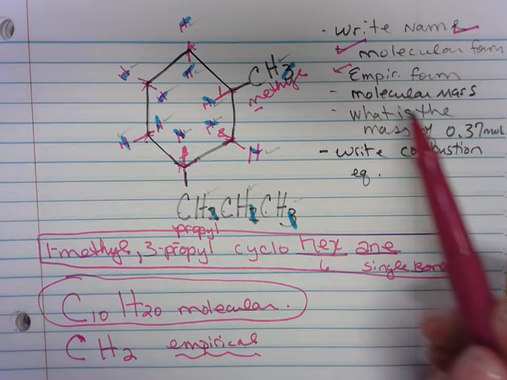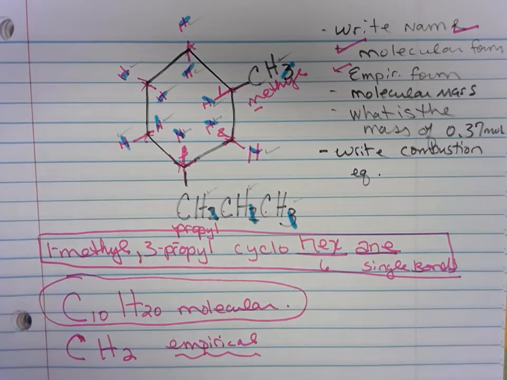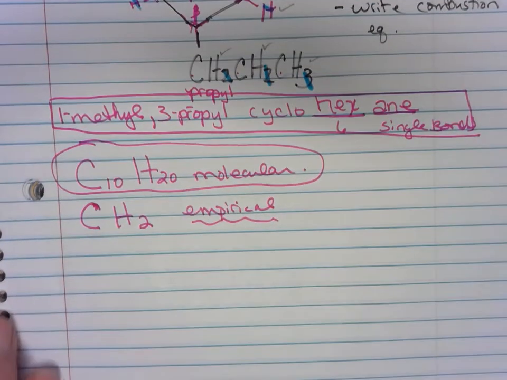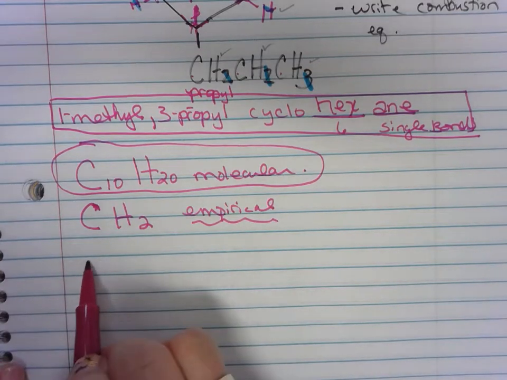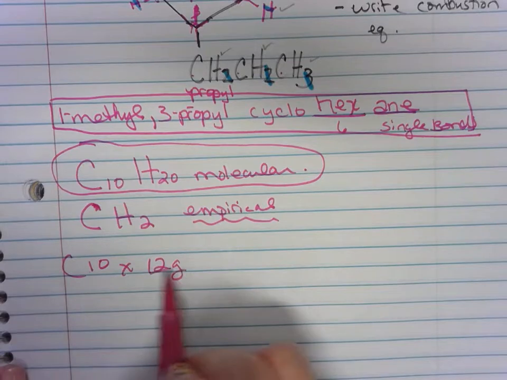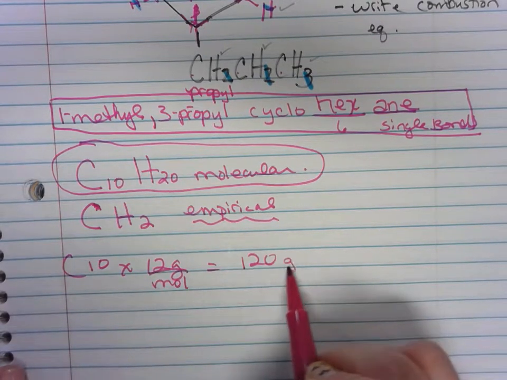So let's determine what the molecular mass is. In this case, we've got 10 carbons times 12 grams per mole. It's 120 grams per mole.